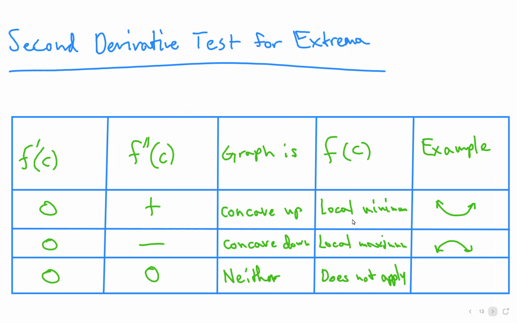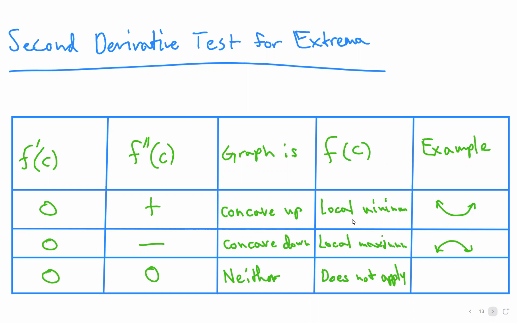This also means that f of c must be a local minimum, because you have a positive second derivative and a 0 first derivative. So the slope is 0 and the concavity is up. Your values of the function are decreasing as they reach c and then increasing after they leave c, so you have the local minimum.